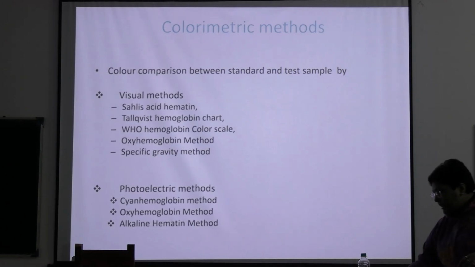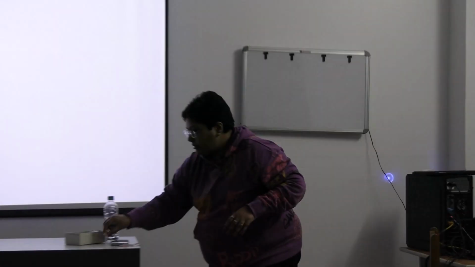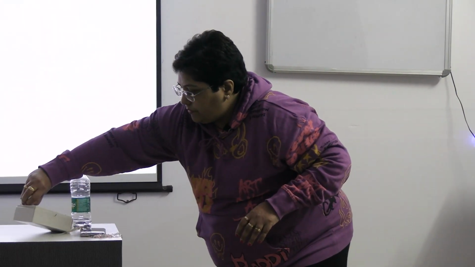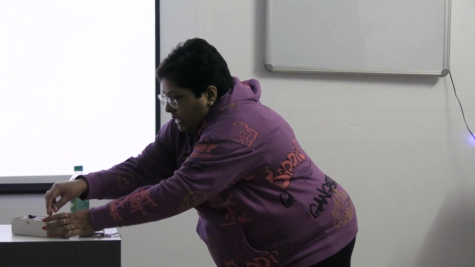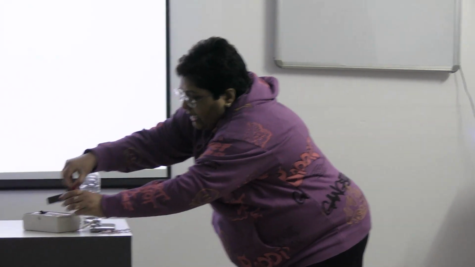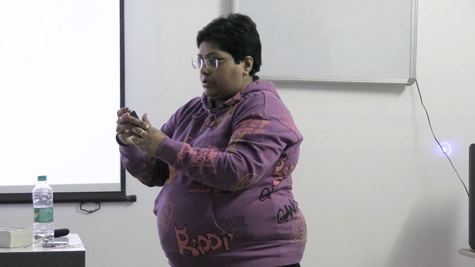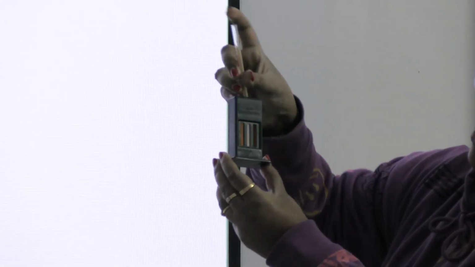Here you have Sahli's hemoglobinometer. Sahli's hemoglobinometer is actually this acid hematin method. Okay. So here this is the box, Sahli's hemoglobinometer. So the colors are given here and the comparator box.